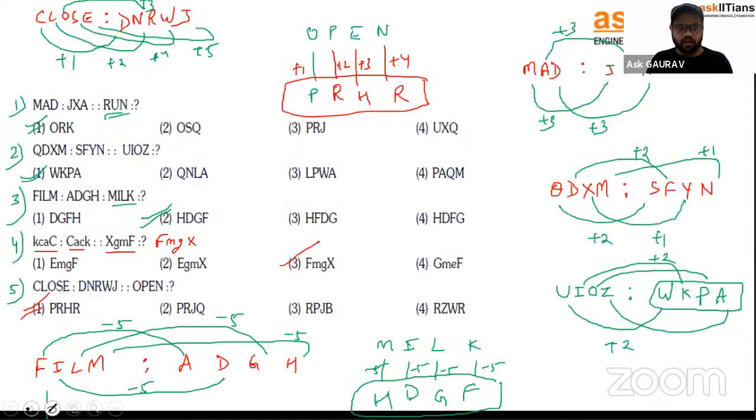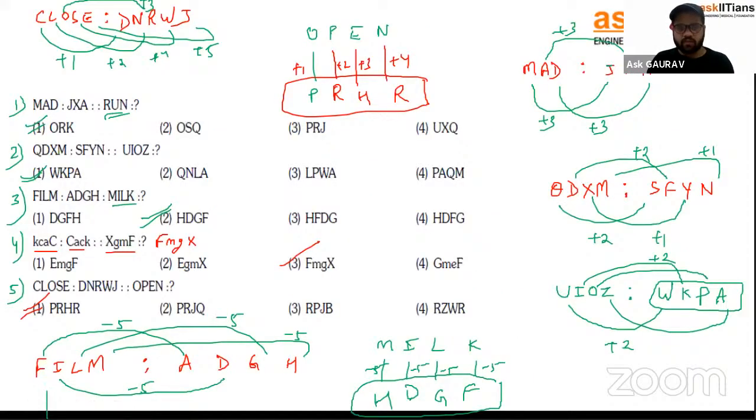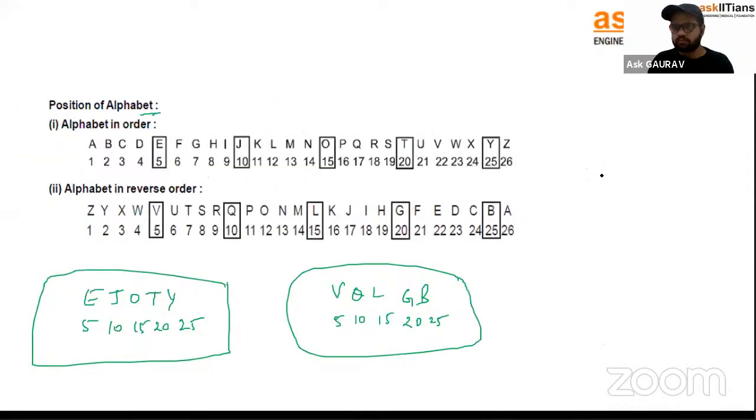Next, follow the same. E, G, I, K, then W, U, S, Q. See, now I'm solving here.